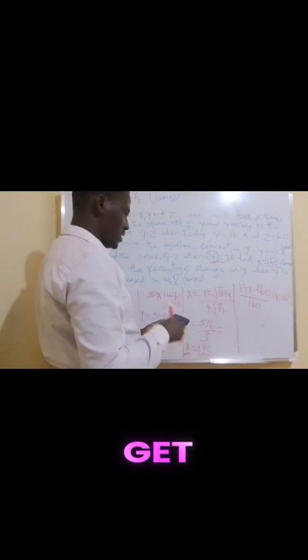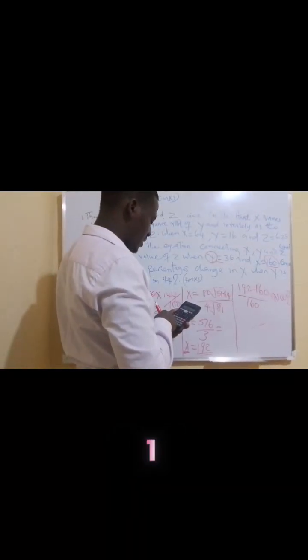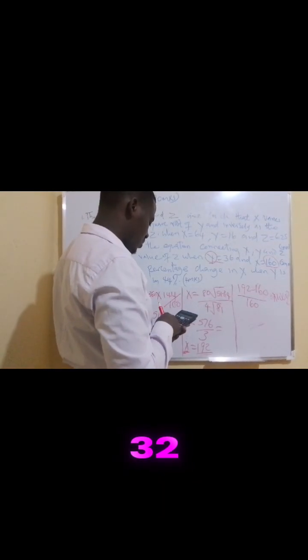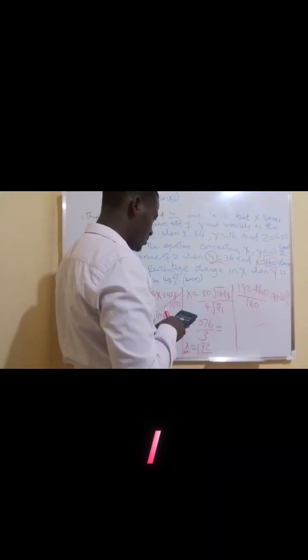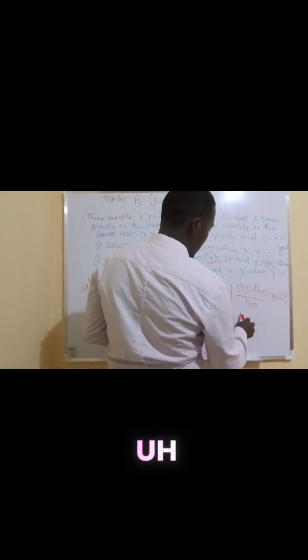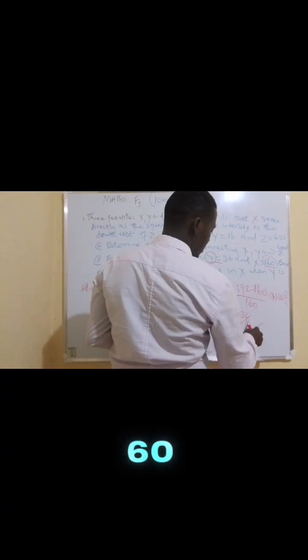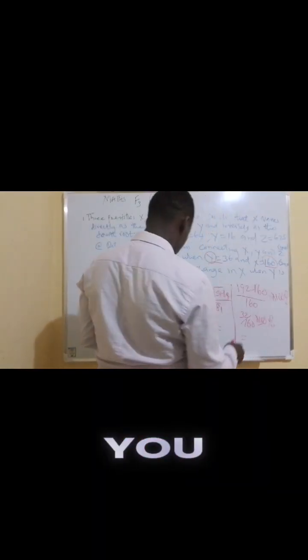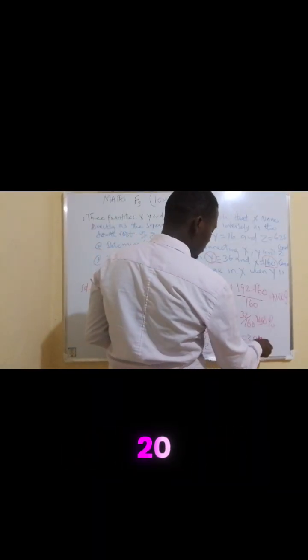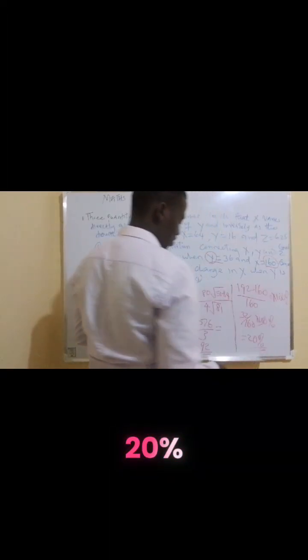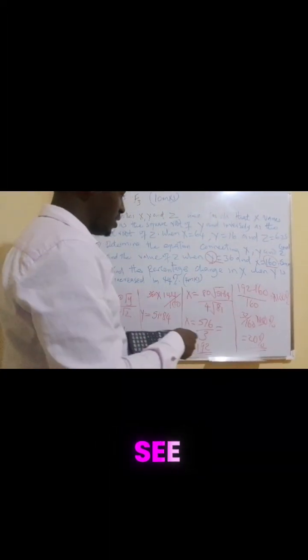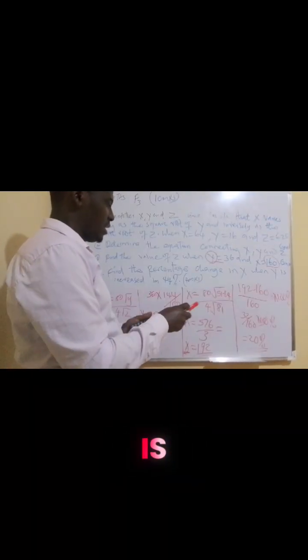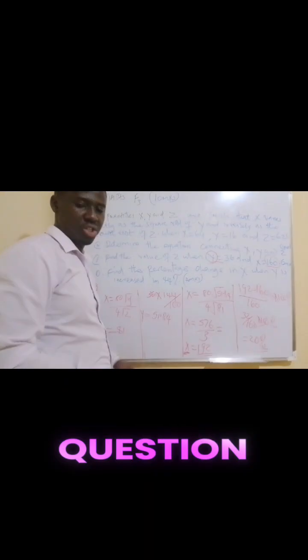We're going to get 192 minus 160 is 32. 32 divided by 160 times 100%. That will give you the answer, and that is 20%. So you have done C. That is the answer to that question.